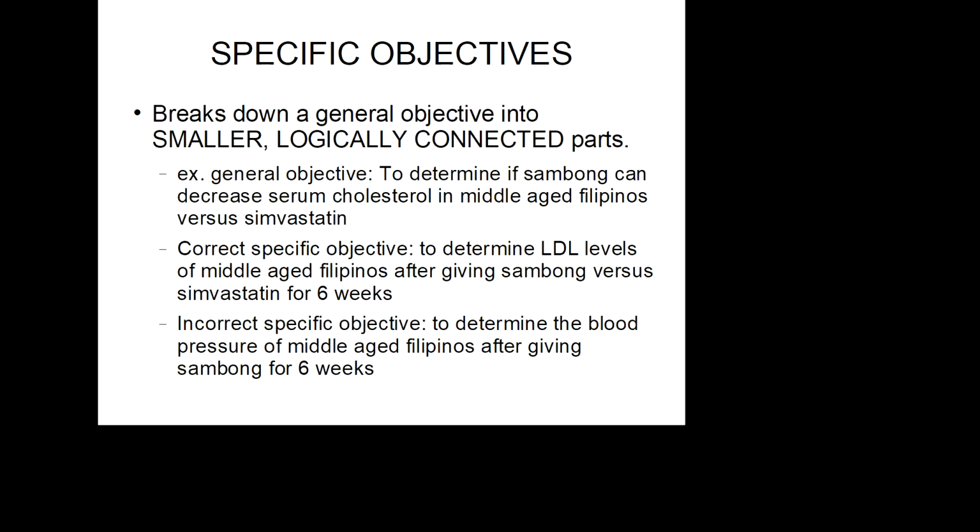So why is this one an incorrect specific objective? It is because getting the blood pressure has nothing to do with the general objective. It's not included within the scope of the general objective. It's extraneous to this. So why would you need to determine the blood pressure if that's not one of the outcomes that you're seeking to measure?